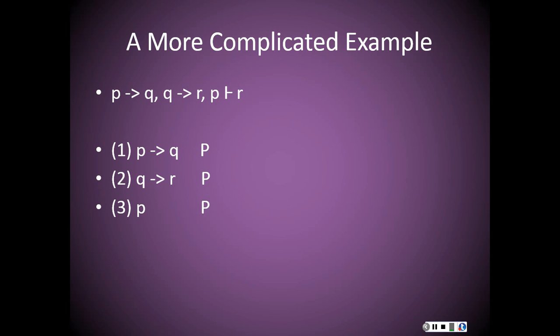So what can I do? Well, I notice that on line 1 I have a conditional, and on line 3 I have the antecedent of that conditional. So I notice that I could use the rule of modus ponens to write down Q. And given the rules I have so far, that's the only thing I can do.